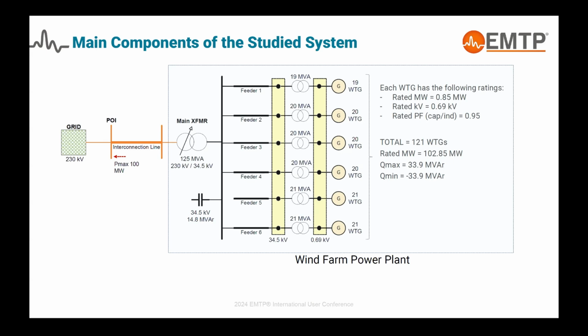For this plant, we have six feeders, and this equivalent generator represents 21 wind turbines, 21 pad mounted transformers, and so on.